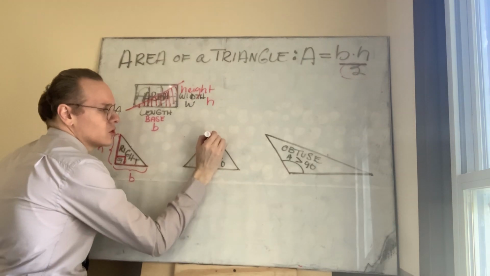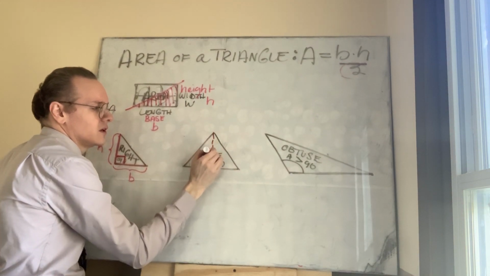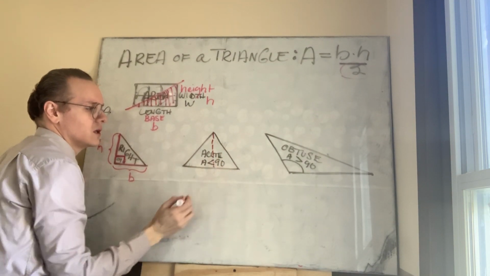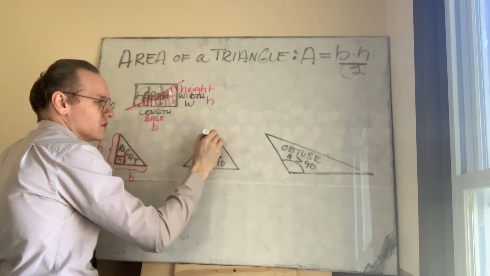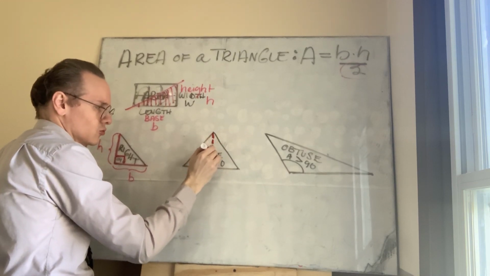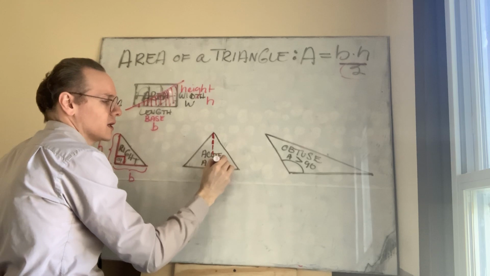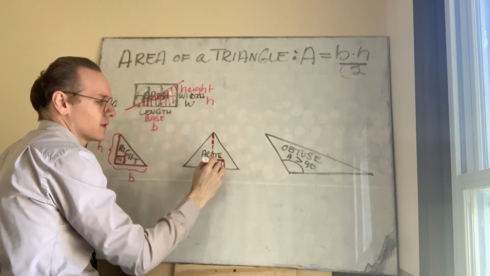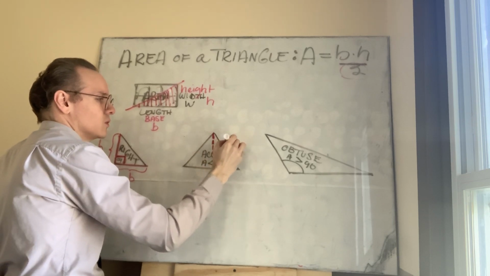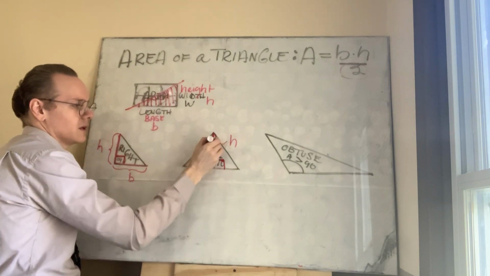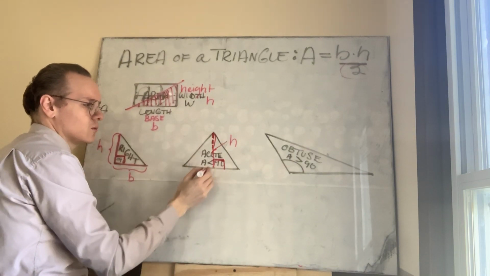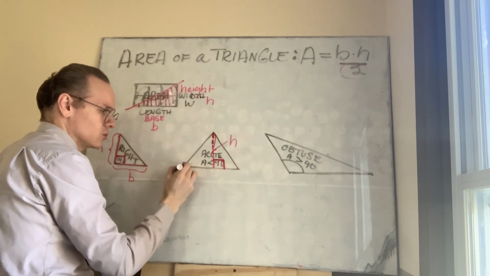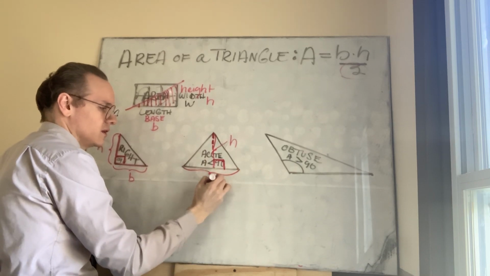If I were to draw a little wall here on the inside, to me it always looks like a brick wall because I use red a lot, and I put a 90-degree angle in here, then this dimension would be the height, how tall this is. And then what is exactly perpendicular to it would be the base.